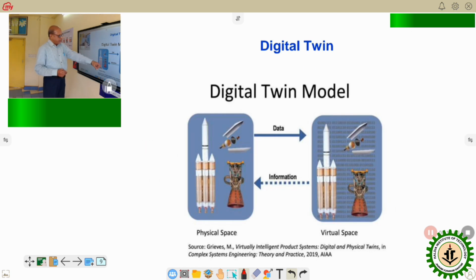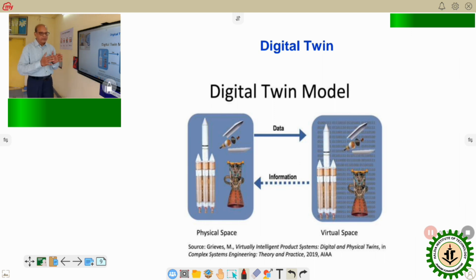So this is a photograph of the image which was developed by Professor Grieves. Apparently, if you take a look, it will give an idea that both are identical. This is the physical object and this is its corresponding digital twin, the digital image of the physical part.